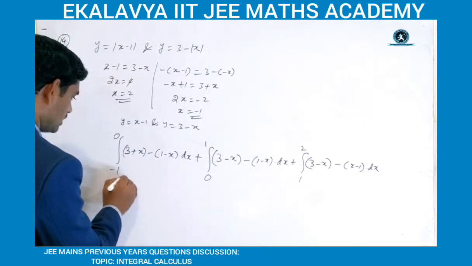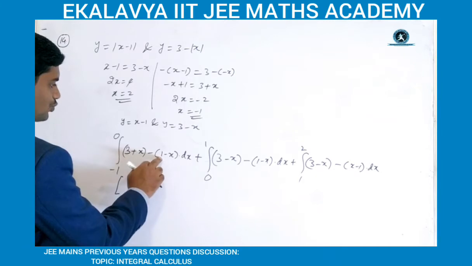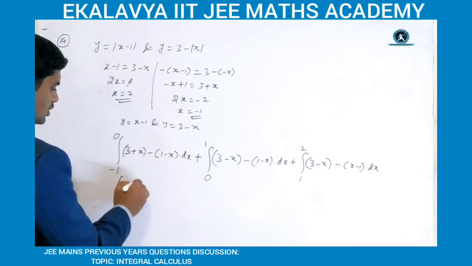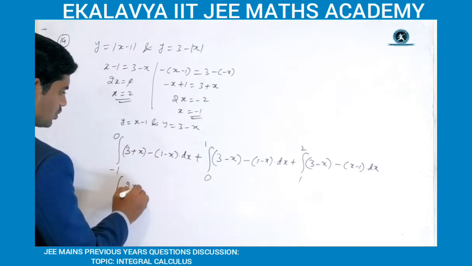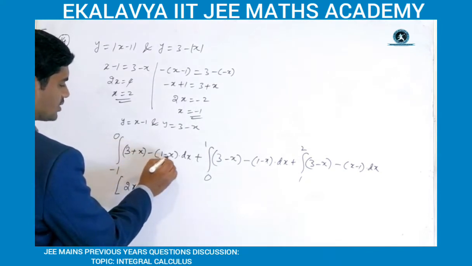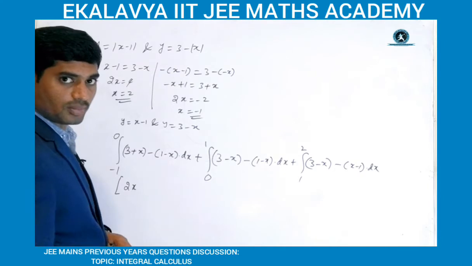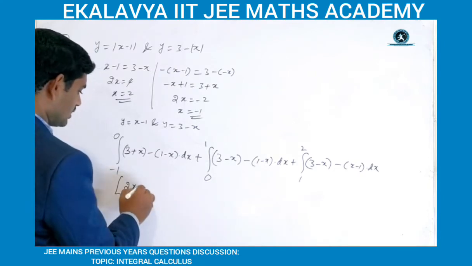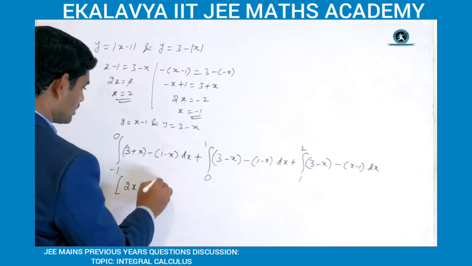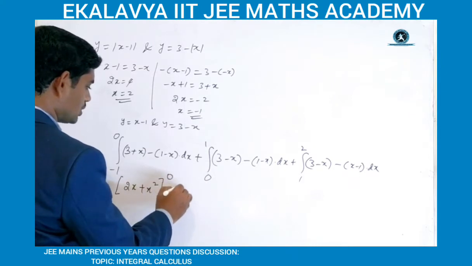Now we integrate. From minus 1 to 0, 3 minus 1 gives 2, and integration of 2 dx is 2x; minus x minus of minus x gives plus x, so 2x. Integration of 2x is 2 into x square by 2, the 2 cancels, and we get x square with the limits minus 1 to 0.